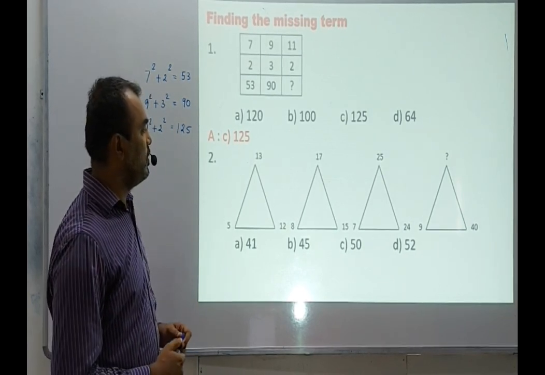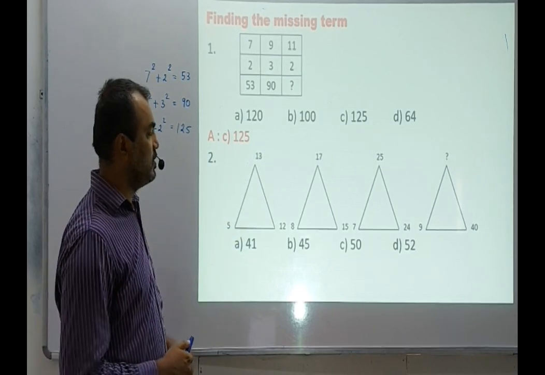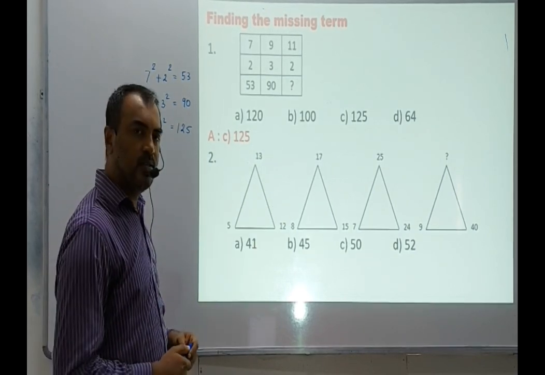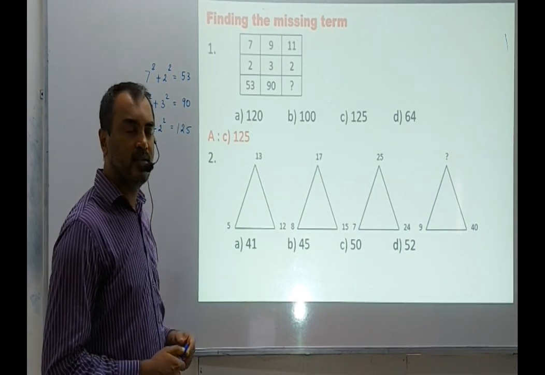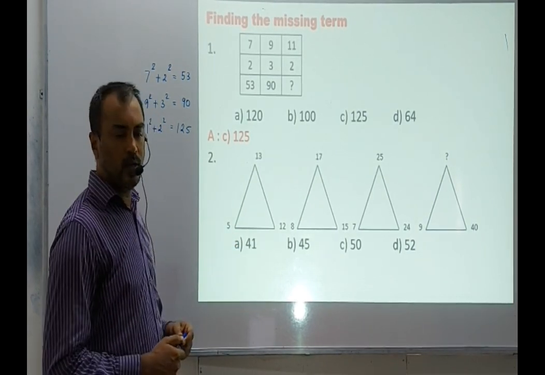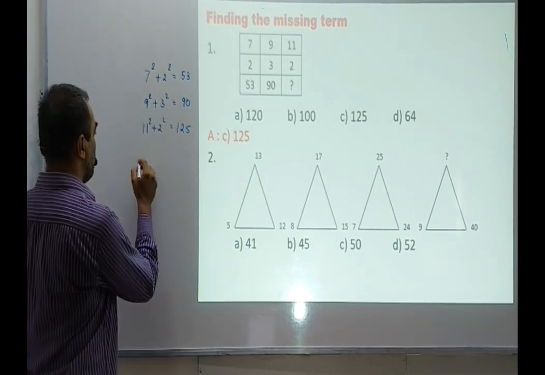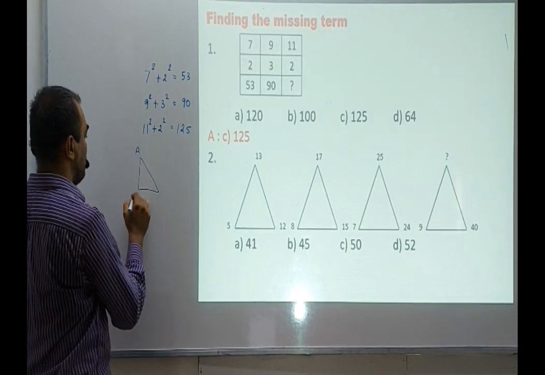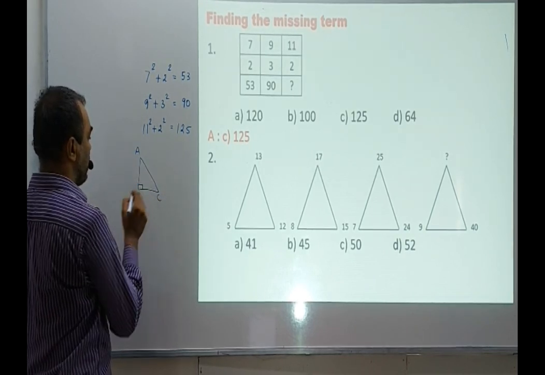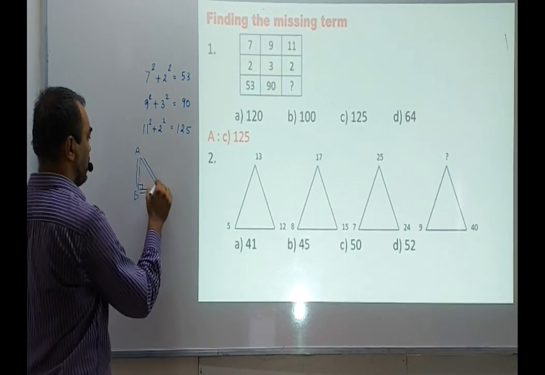If you look at the numbers, the first 3 sets, you will at once realize they are Pythagorean triplets. What are Pythagorean triplets? In a right angle triangle, say ABC is a right angle triangle, AB square plus BC square gives us AC square.